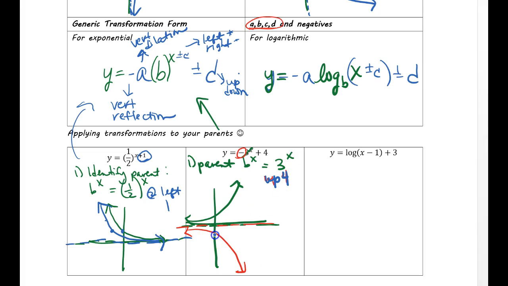So I'm going to take this point, whatever it is, and move it up 4. But you know what else I'm going to move up 4? This asymptote. It is still part of the graph, so I need to pick it up 1, 2, 3, 4 units. I'm going to redraw my asymptote. I'm going to take this point and move it up 1, 2, 3, 4. And then I'm going to redraw that red curve.